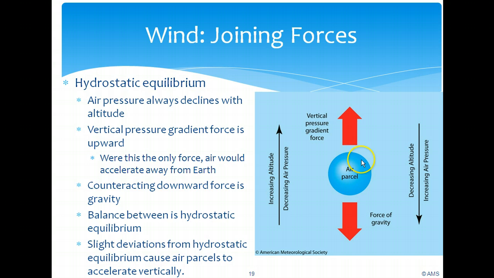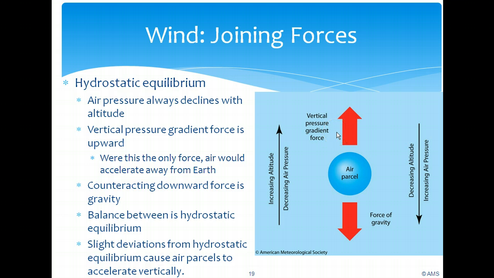This schematic diagram shows that forces are basically equal, where the pressure gradient is directed upward from higher air pressures at the Earth's surface towards lower air pressures aloft.